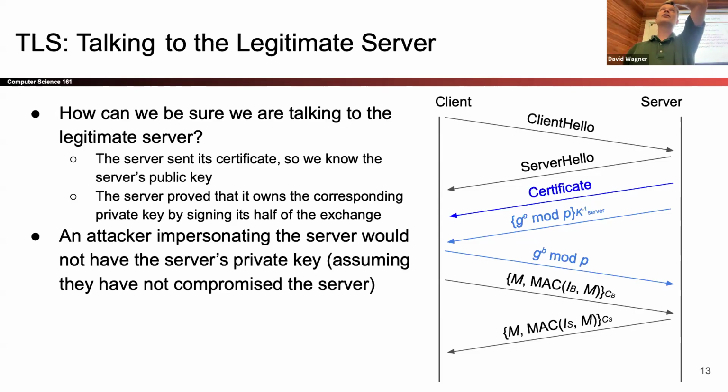If I'm talking to the imposter and the messages allegedly from the server are actually coming from the imposter, the imposter is going to be unable to send that signed message, because the imposter doesn't know Amazon's private key and so cannot sign a message with G to the B. So the imposter's attempt is going to fail right there if they're the ones sending all the messages allegedly from the server.